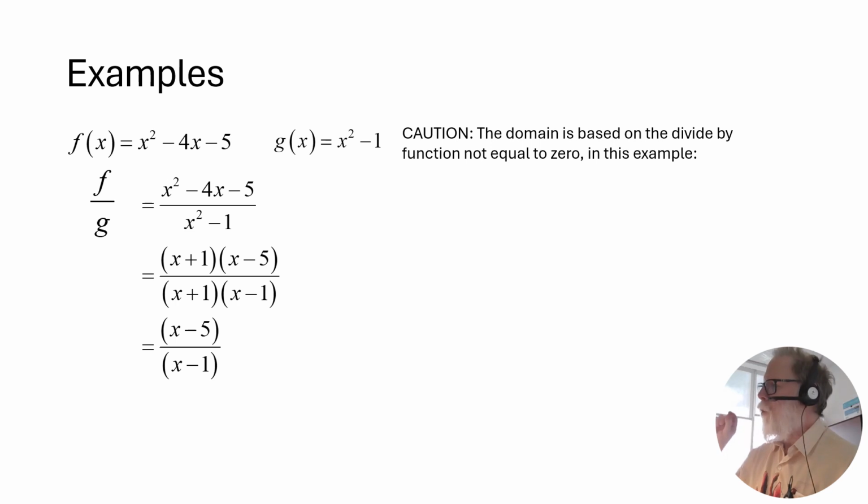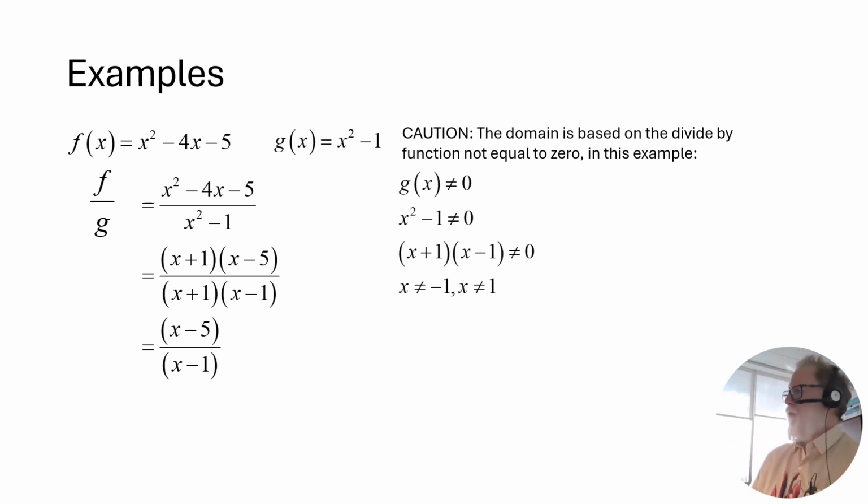Okay. When you do the domain for this, even though something canceled in the denominator, you have to look at where you started. And it's the entire g function that's in the denominator. So the entire g function is not equal to 0.